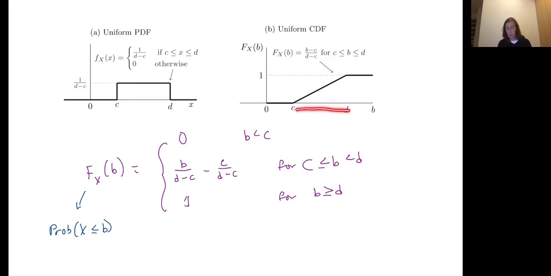For any of these b's in this range, the cumulative probability will be increasing in b. And then once we get to d, the probability that X is less than or equal to any number greater than d is going to be 1. So there's our CDF.